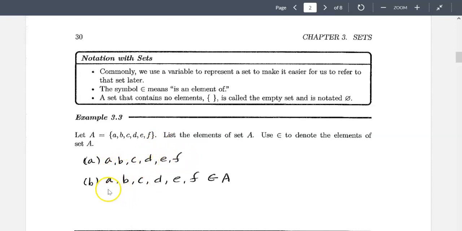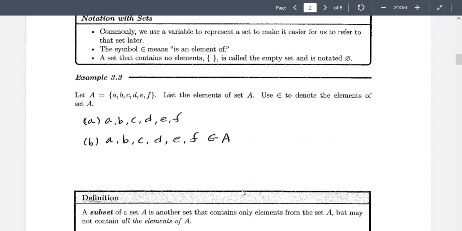In part B, I wrote that a is an element of set A. Notice we usually write a set as a capital letter, though we can use pretty much any letter we want. So A contains all these letters, or we can say all these letters are the elements of the set capital A.